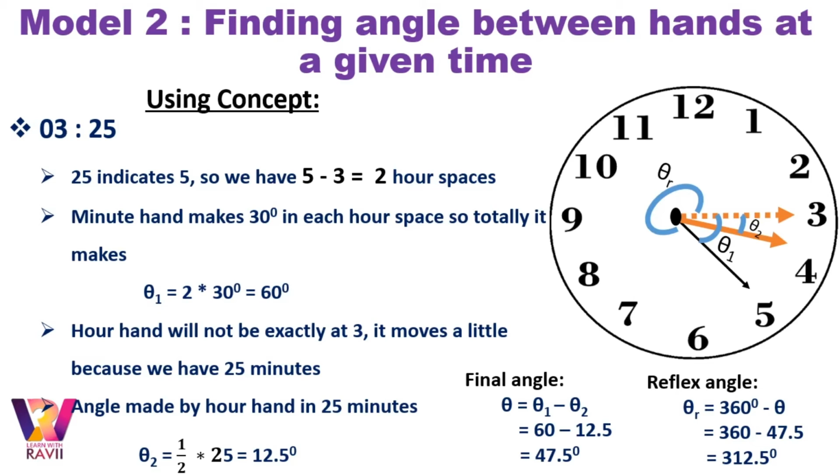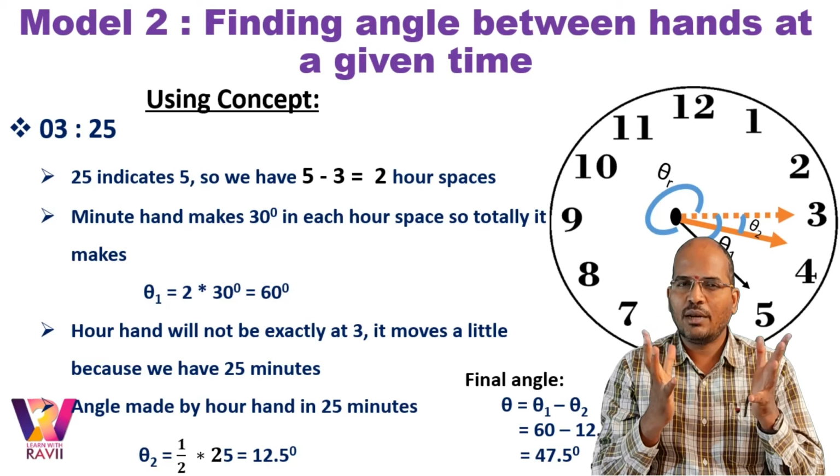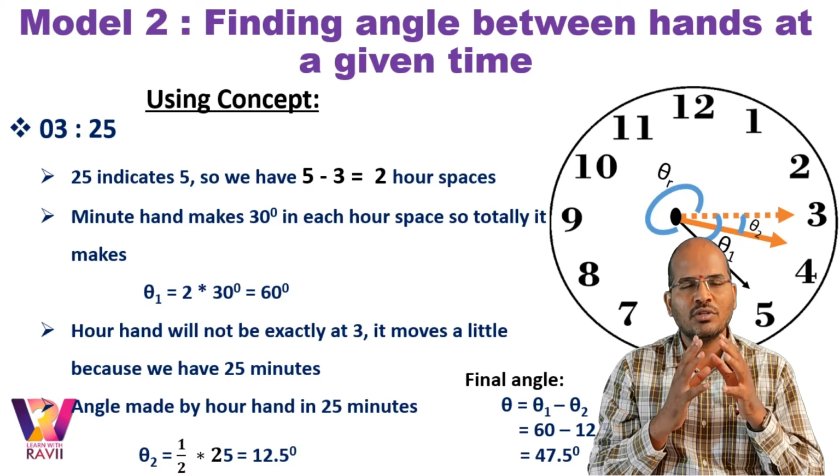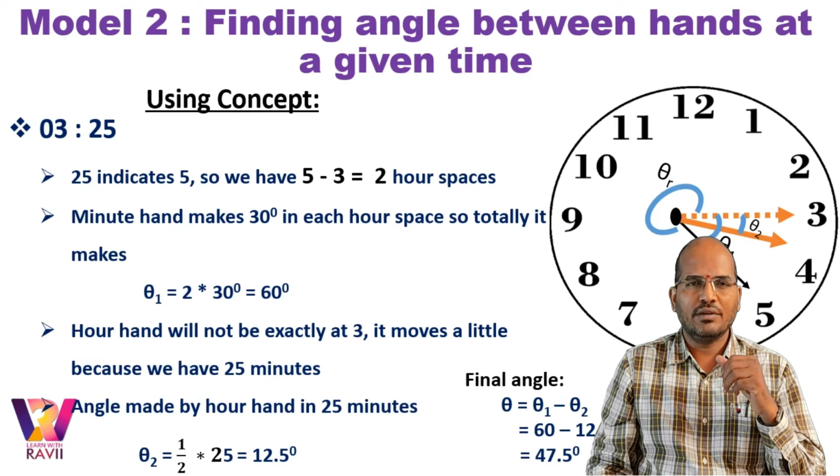As the minute hand has come from 12 to 5, it has passed a total of 25 minutes. So in these 25 minutes, the hour hand will make an angle of 25 times half, that is 12.5. The actual angle is expected to be 60, but it has moved an angle of 12.5. So 60 minus 12.5 is the answer, that is 47.5. It can be done without pen and paper by using the concept in detail.